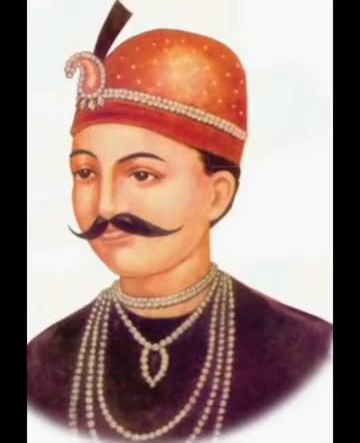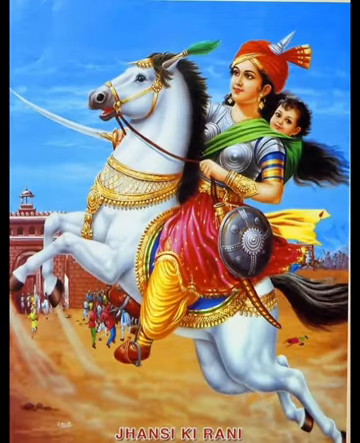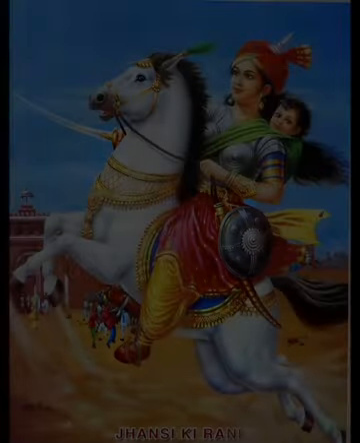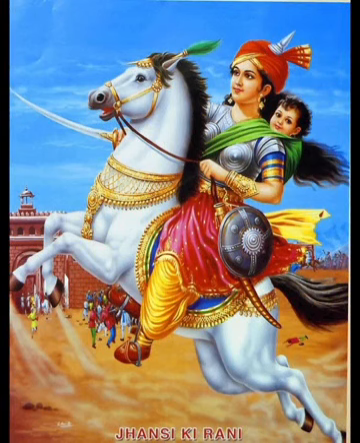In Jhansi, Rani Lakshmi Bai provided leadership to the revolt. Later, the protest spread to Lucknow, but finally Lucknow fell to the British. Now the freedom struggle spread to the south of the river Yamuna. This influenced the soldiers of Rani Lakshmi Bai.